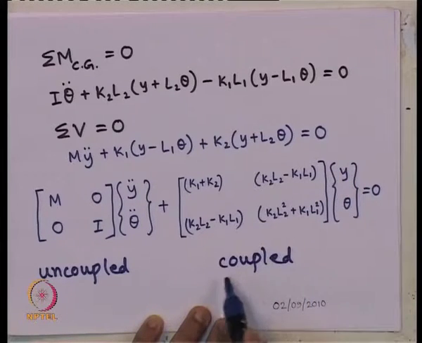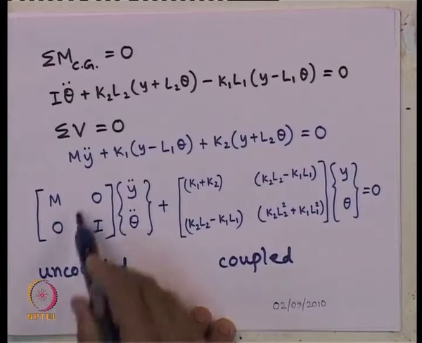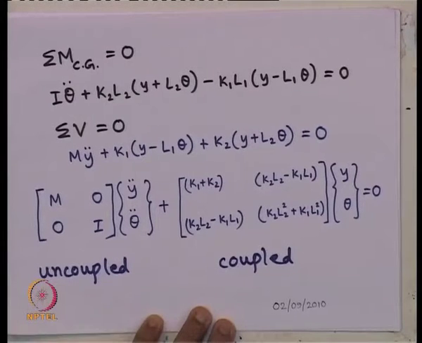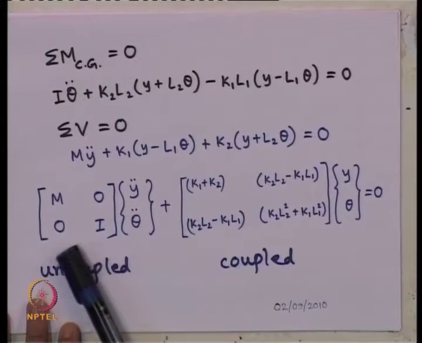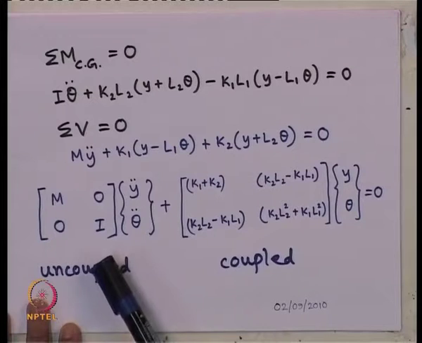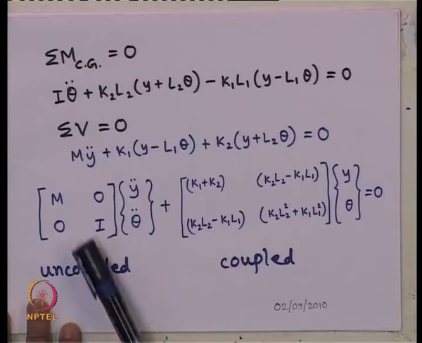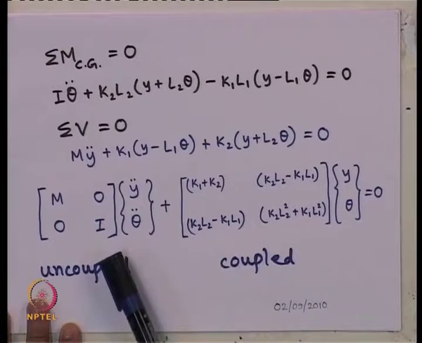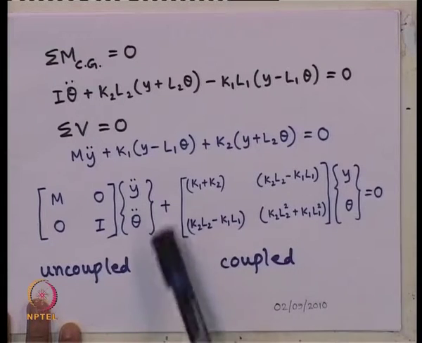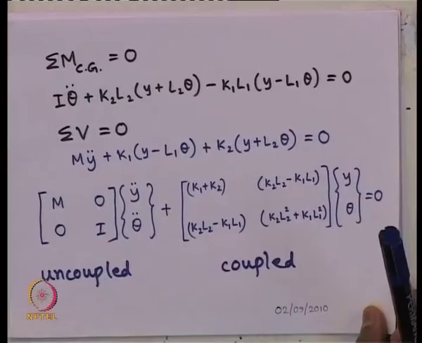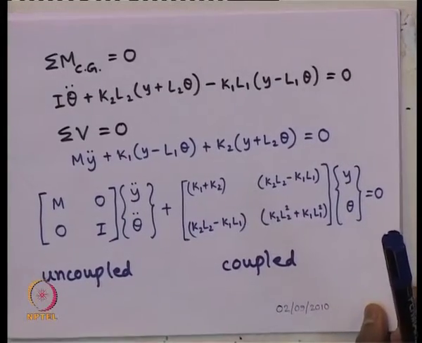So, that is why we are mentioning it as a coupled matrix and we are defining this as an uncoupled matrix. And as we had seen earlier, the size of the matrix should depend on the degrees of freedom. We have a 2 degrees of freedom system. So, the size of the matrices is 2 by 2 and these vector sizes are 2 by 1. So, this is for the first case.